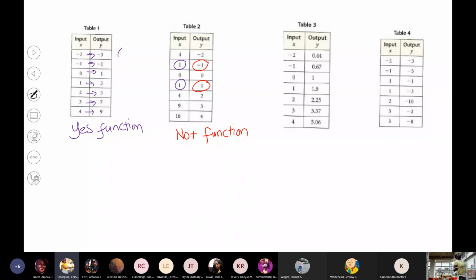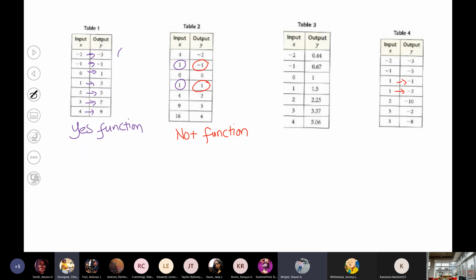How about table 3? What do y'all think? Is that a function or not? It's a function, because for every one x, we have only one y. You're just looking at that. For table 4, function or not? Not a function. Say not a function. Because it has 2 1s, and one of the 1s goes to -1 and the other one goes to -3.